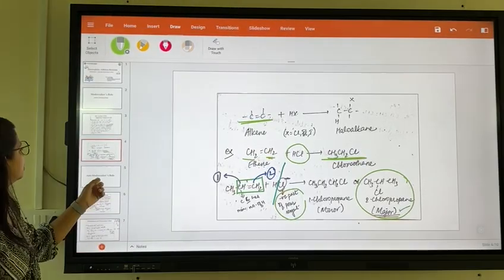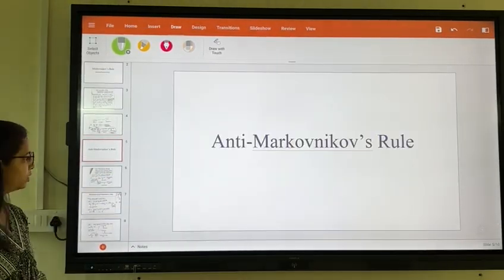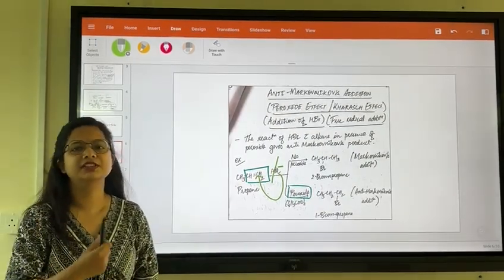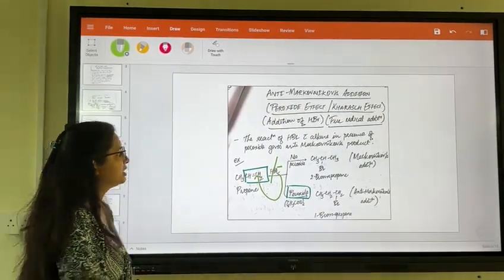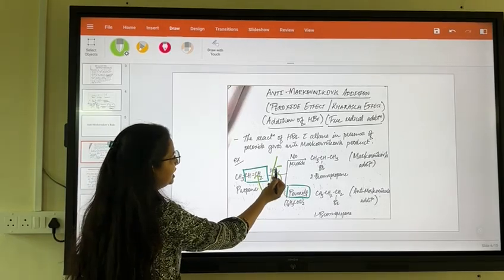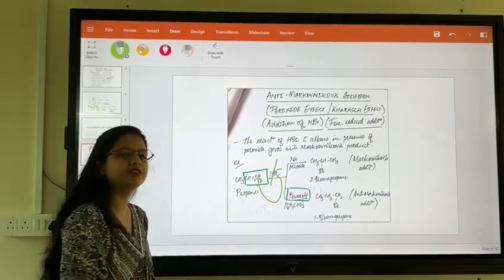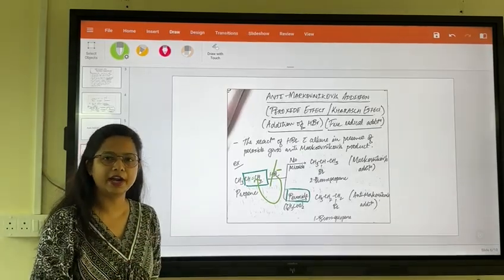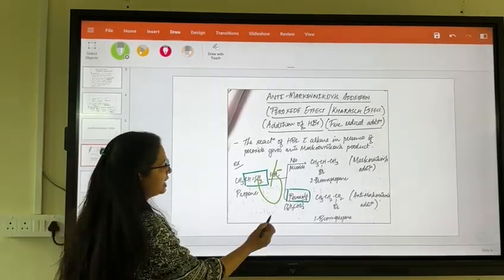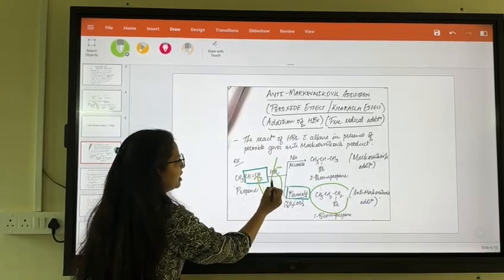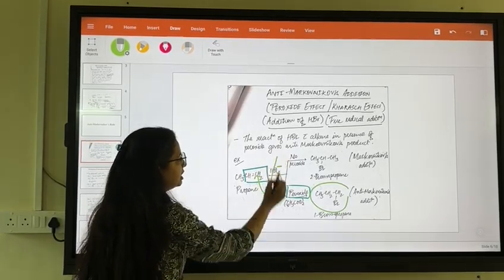Let us move on to the anti-Markovnikov's rule, alright, which is nothing but exact opposite of what we have seen just now. Over here, the negative part of the polar reagent will be added to the double bond carbon which has higher number of hydrogen. As per that, this will be the major product as HBr, which is nothing but HX over here.